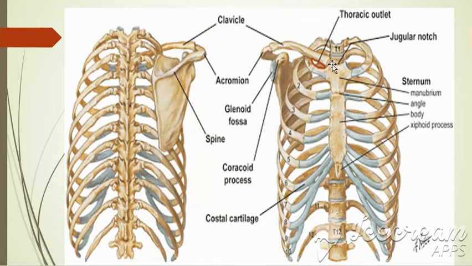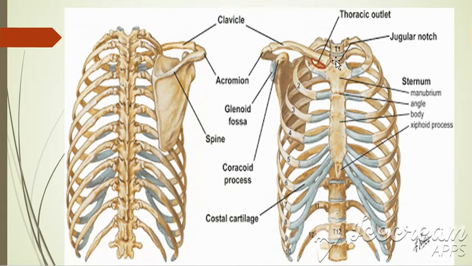suprasternal notch. This is present just above the superior border of the manubrium. This is the superior border of the manubrium, between the sternal ends of the clavicles.